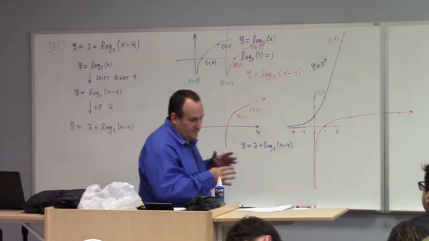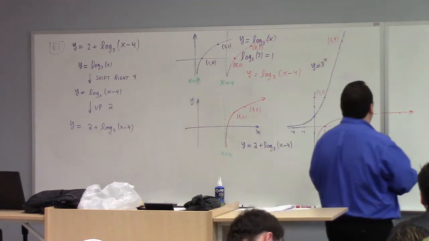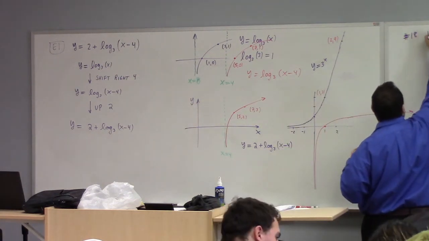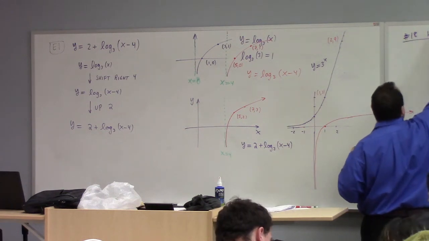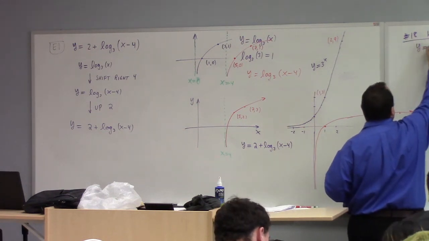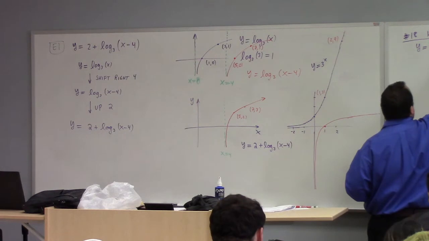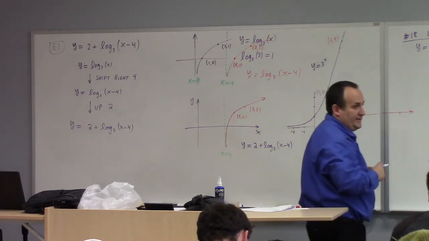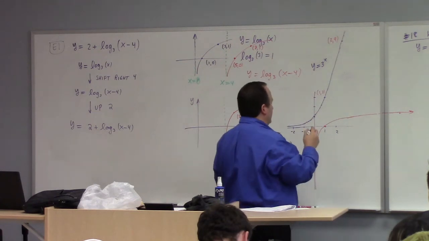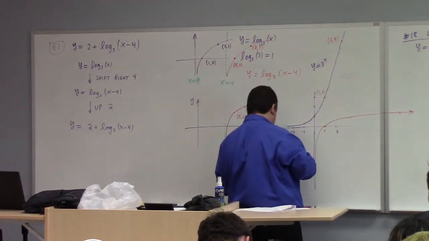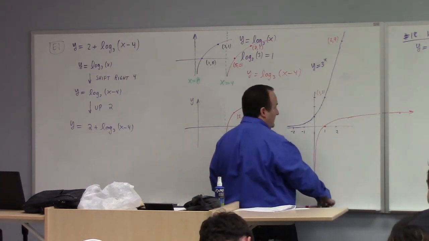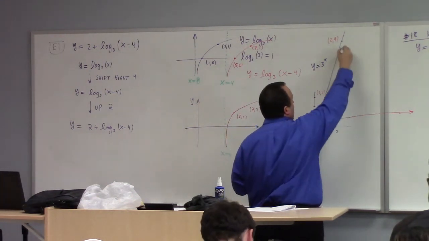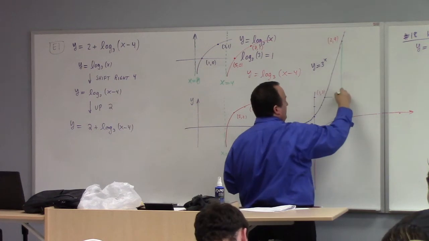So my hint for you for number 18: y equals 2 to the x versus y equals 3 to the x. They're quite different in the way they go up. Like, check this out. So with the 3 to the x one right here, if you look at it, there's this jump here, right?